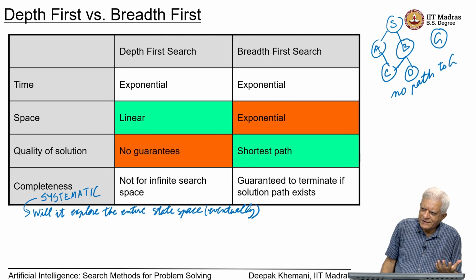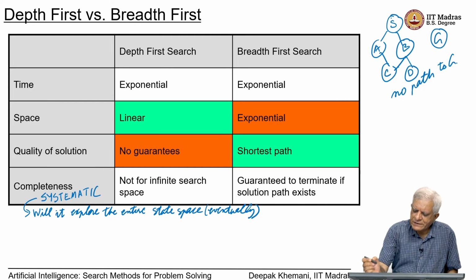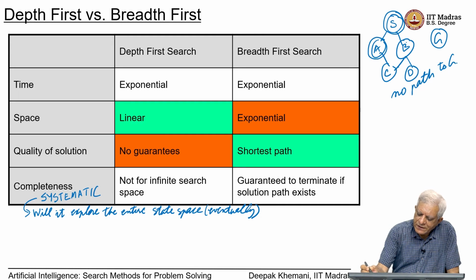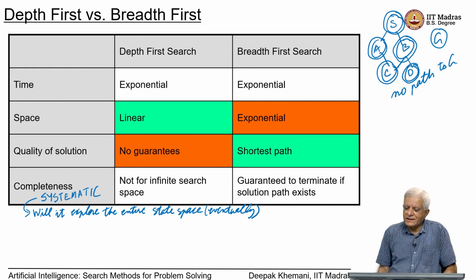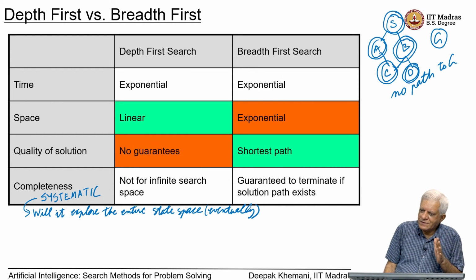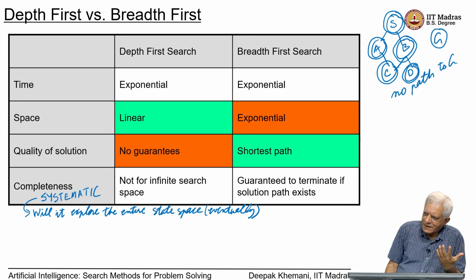But when we talk about completeness or a search being systematic, what we mean is, will it systematically explore the entire space? By this we mean, okay, it looks at the node S, then it looks at the node A, then it looks at the node B, then it looks at the node C, then it looks at the node D. It has seen all the nodes which are reachable from S. The entire graph which is connected to S, it has explored, and only then it will say that I can't find a path to the goal node. So, it can report failure essentially.